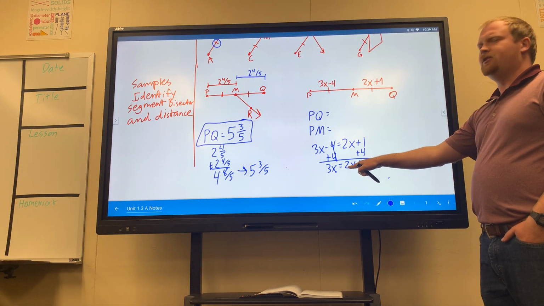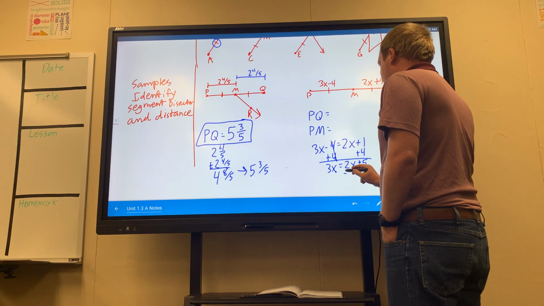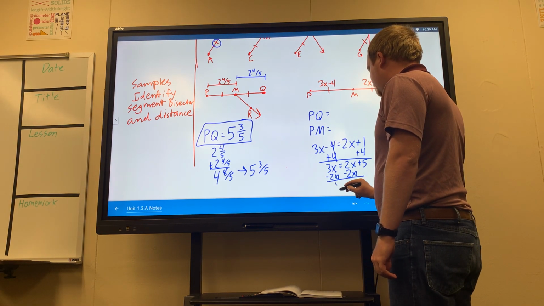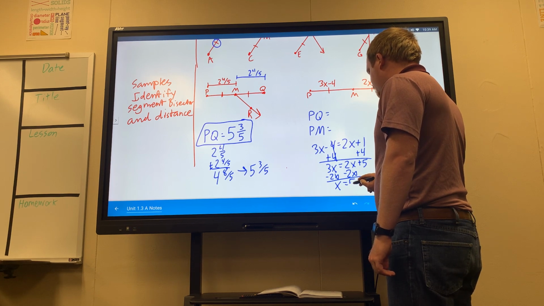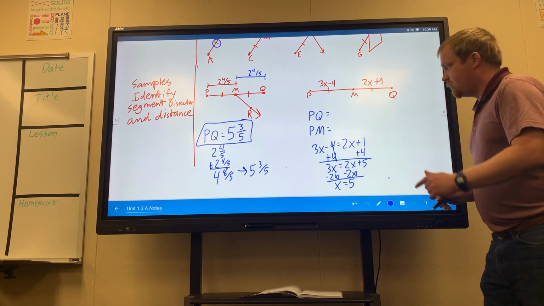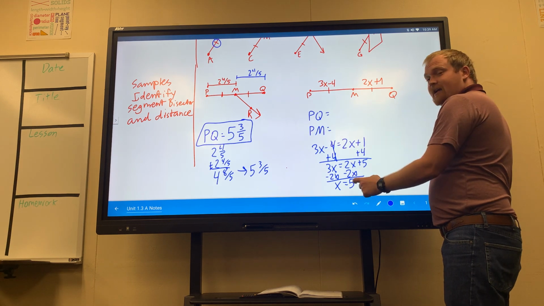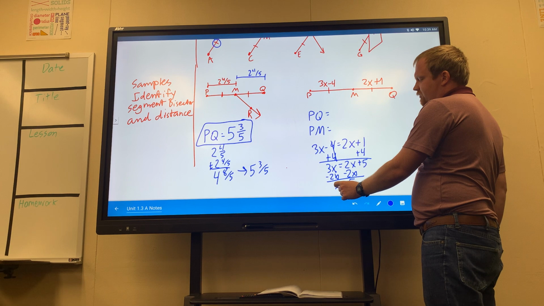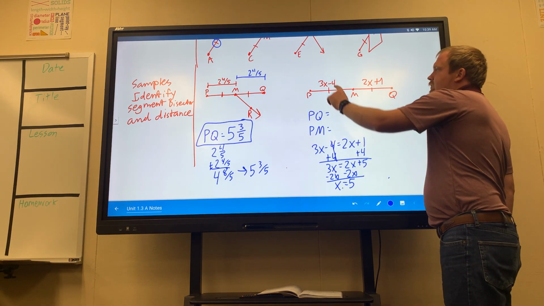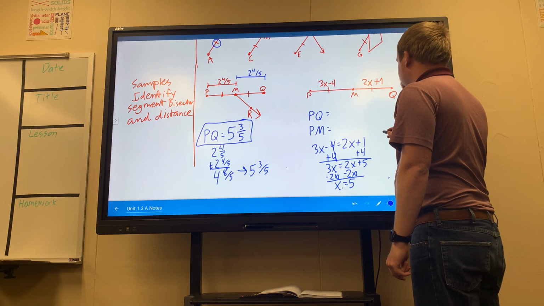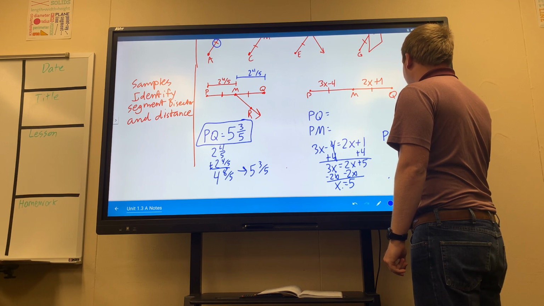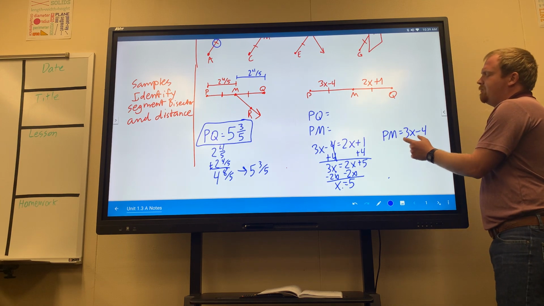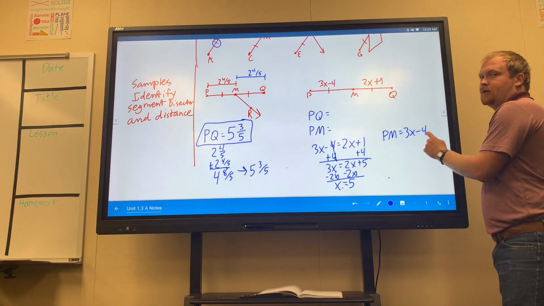Next, I've got to get rid of this 2x. So I'm going to subtract 2x from both sides. And that leaves me with 1x equals 5. Now, PM is not 5. What this tells me is that the value of x is equal to 5. So I've got to replace, because I know that PM is equal to 3x minus 4.